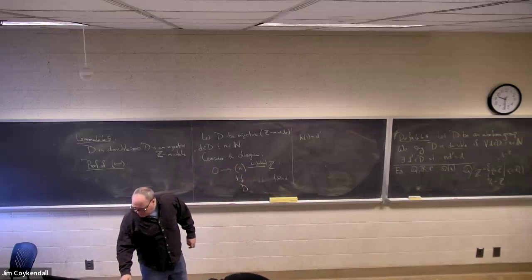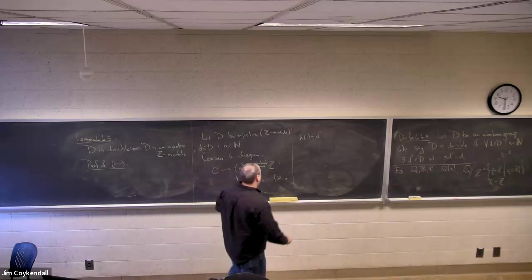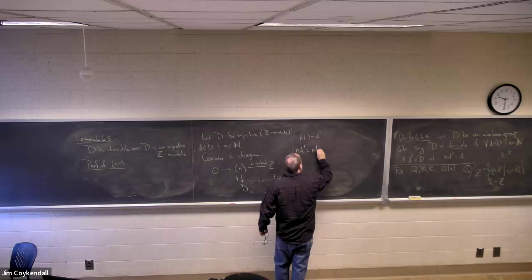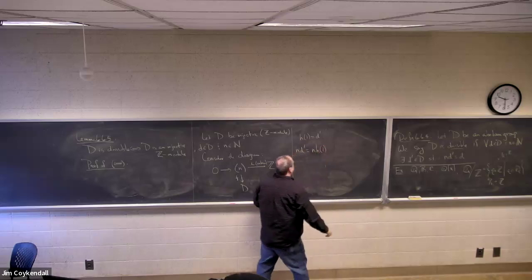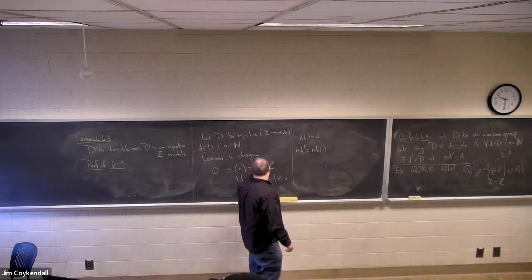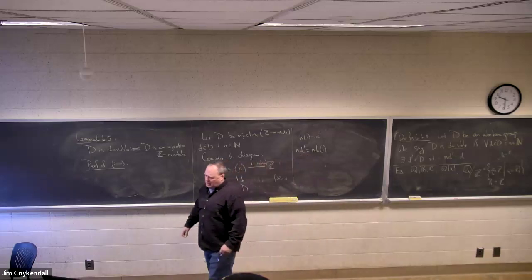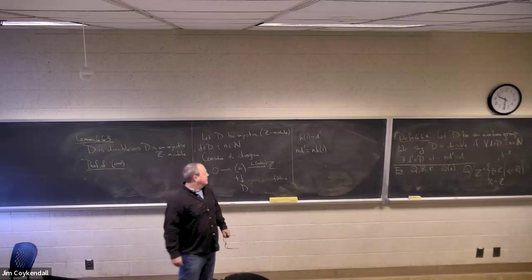So if you look at n d prime, this is n h(1), which is h of n.